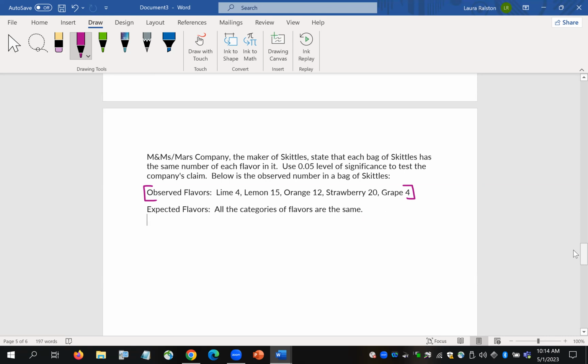It's just a list. But again, if I'm thinking about my data here, we're talking about flavors. Flavor is my focus, the flavor of the Skittle, and it's going to be a qualitative variable.